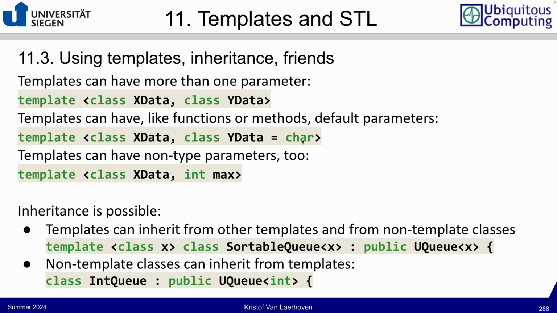This is like a type or a class. So it could also be a class in this case that we would have written here. But if later on the class or the function that is being defined here is specialized towards only one parameter, then the second parameter will automatically be chosen to be a character. However, if we choose the first one as an integer and the second one as an integer as well, then y data is an integer.